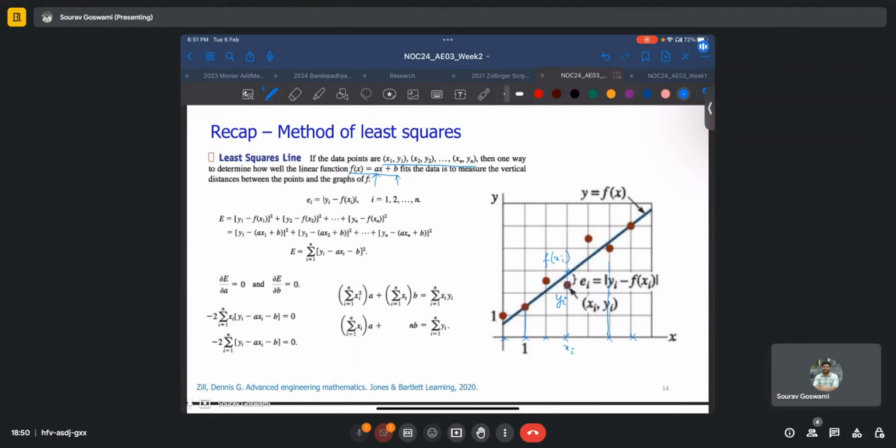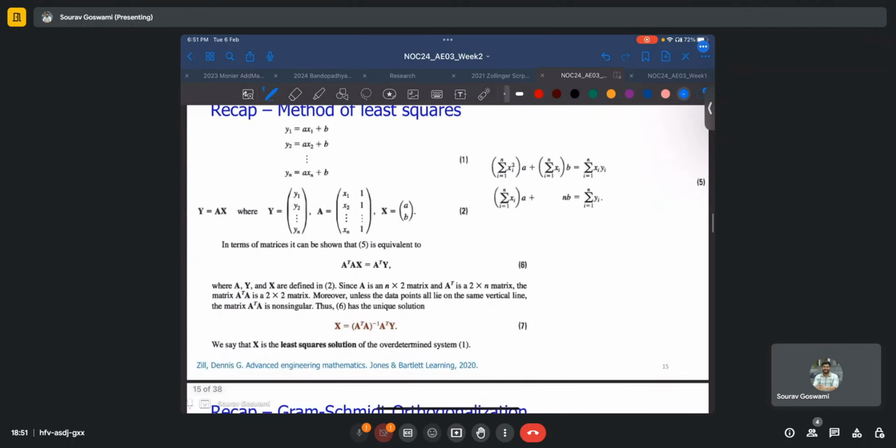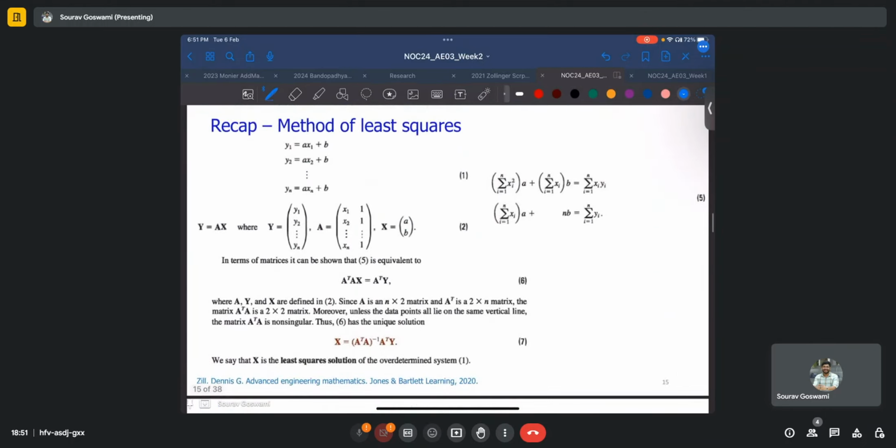So we take the partial derivative of this error function with respect to a and b, set it to zero, and the expressions that we come up with, in matrix form, are the ones that have been touched upon in the lecture. So this matrix expression is in fact equivalent to the one we obtain after applying principles of calculus and setting the partial derivative to zero.